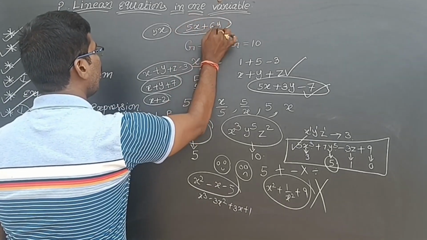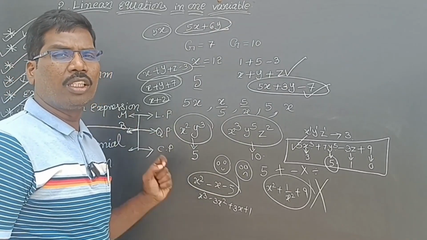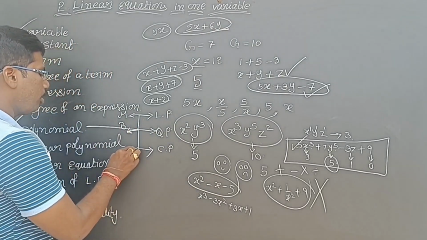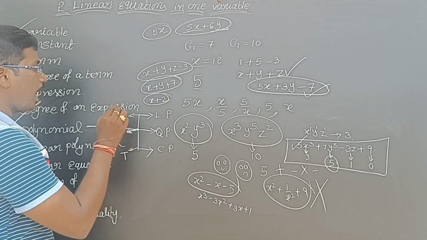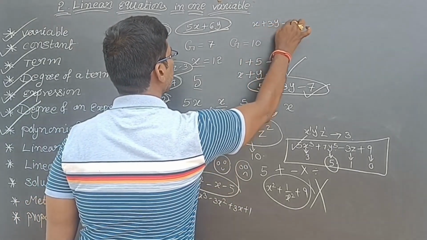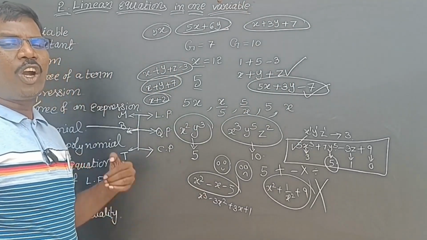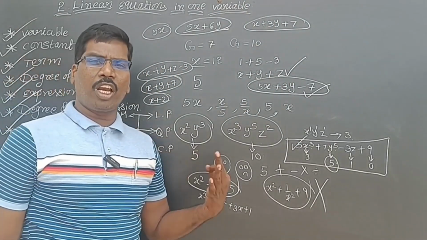If the polynomial is having 3 terms, it is called a trinomial, so x plus 3y plus 7.